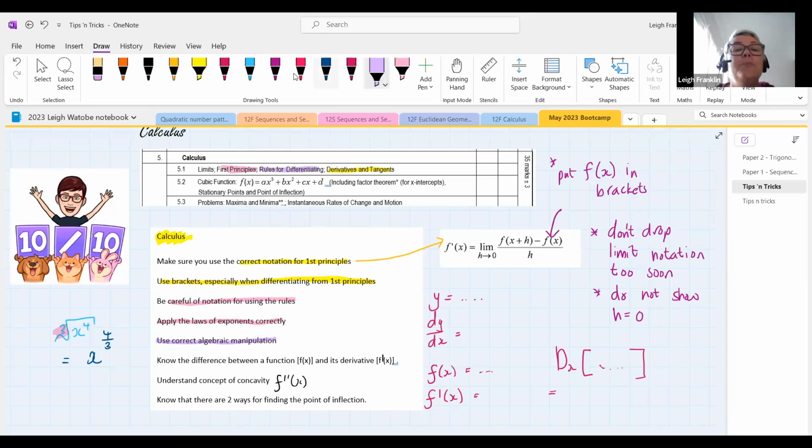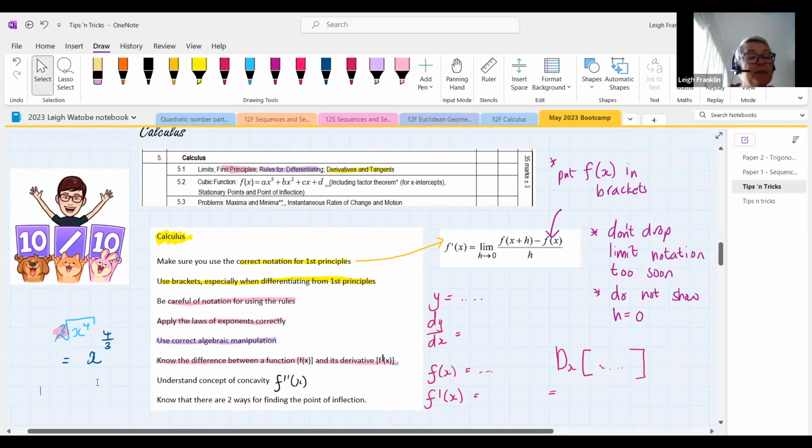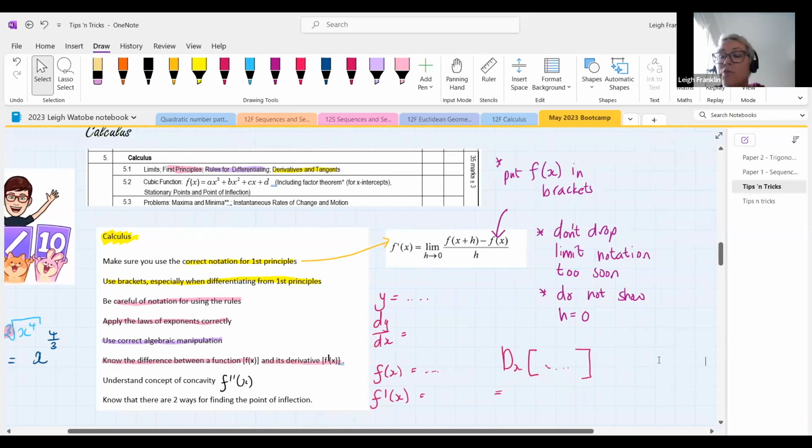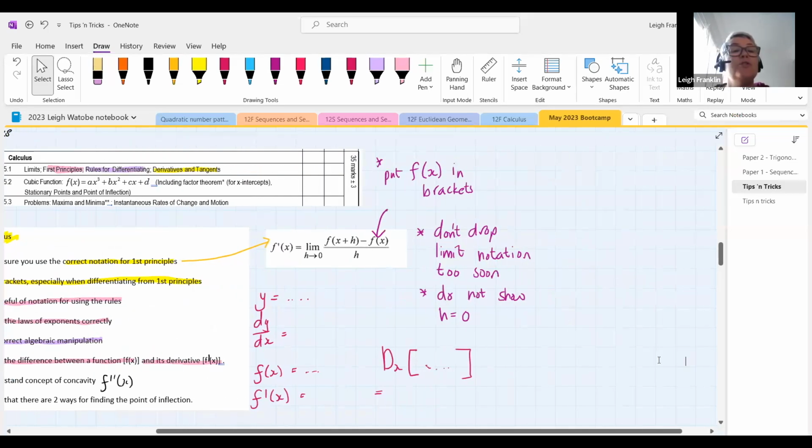Moving on to the cubic function, make sure that you know the difference between a function f of x and its derivative f prime x. So f prime x is the gradient at a particular point. Let me put a little bit more about that on the side over here. We were speaking about this the other night in our functions course. Remember, we use function notation for y.